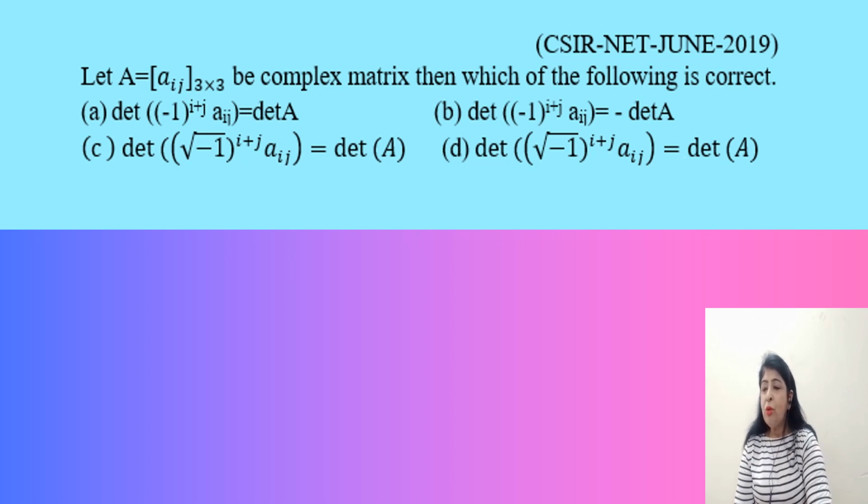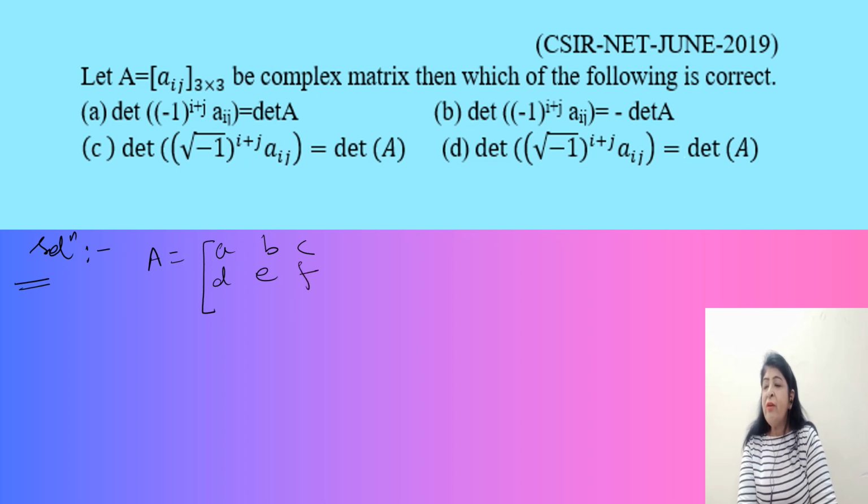So how to solve this? First of all, A is a matrix of order 3. So let us take A as a, b, c, d, e, f; i and j we have already used, so k, l and m. Find out its determinant.